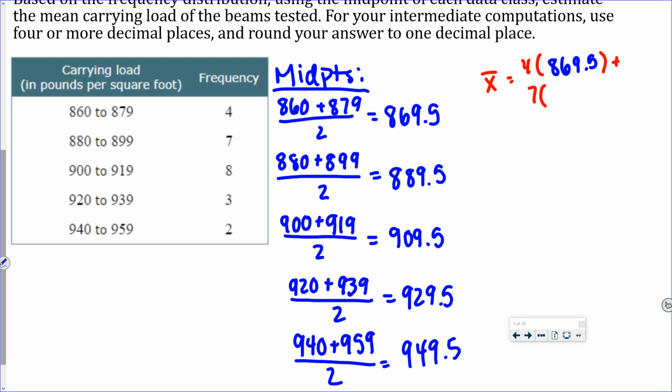Obviously, I don't love writing sums this way, but I'm running out of room. 7 at a value of 889 and a half. 8, so this is factoring in how many actually occurred to get us a better average here.